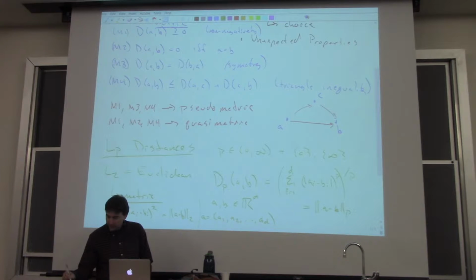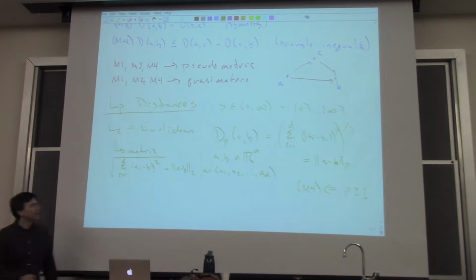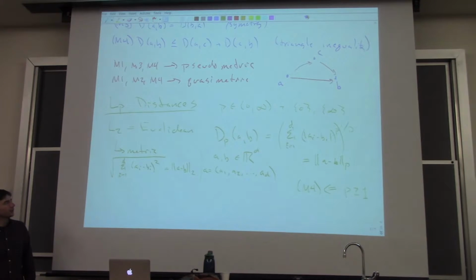So the triangle inequality holds, M4 holds, and this is true for p greater than or equal to 1. For p less than 1, you mess up some norm properties, and I think it's no longer a metric.